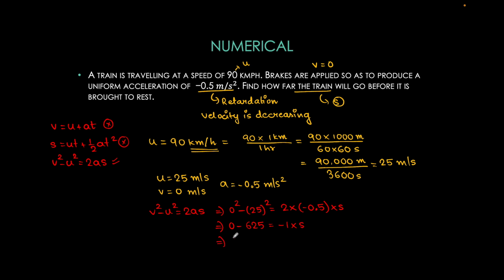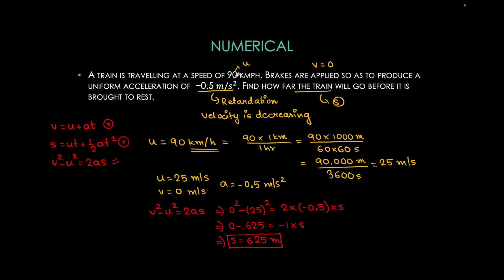So the displacement will come out to be 625 meter, which is the correct answer. So I hope you are now clear how to choose which equation to use for a numerical, right? Always check for the quantities that are given in the question.